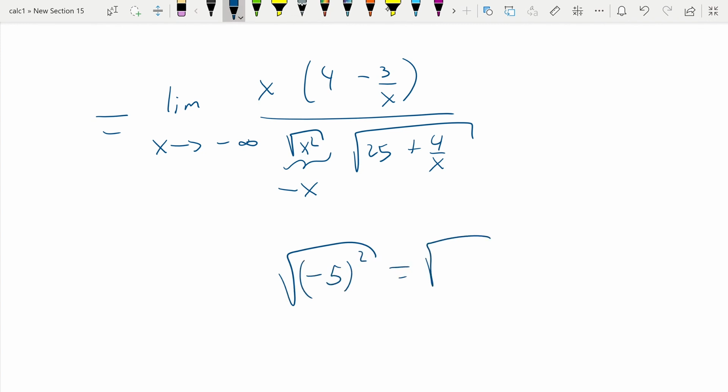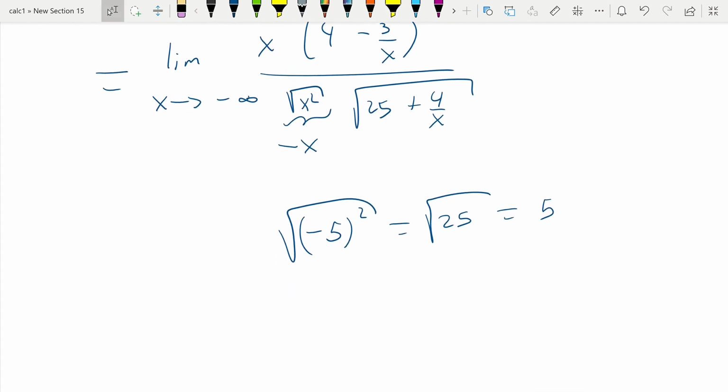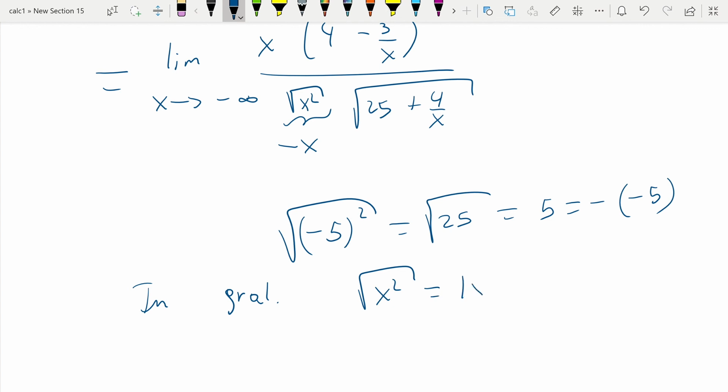It is the square root of 25, which is 5, and this is equal to minus 5. So you need to multiply that by minus. So in general, the square root of x squared is just the absolute value of x. So that's what this conversation is about.